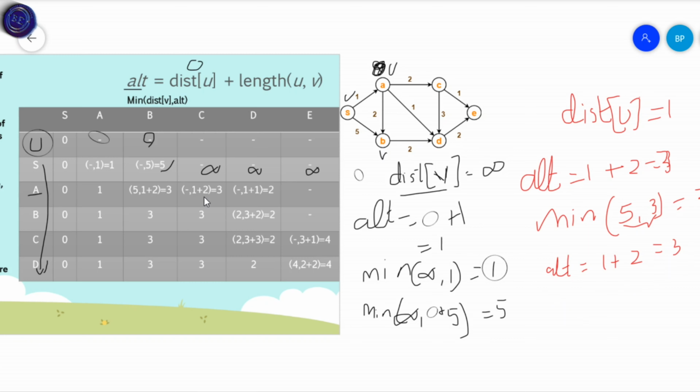After that we are going to find the minimum between the distance of C, because this is the destination node. So distance of V comma alt. So minimum of distance of V, actually its value is infinity, and the value of this A to C is 3. So among these both the minimum is 3. So here I copied it as 3.